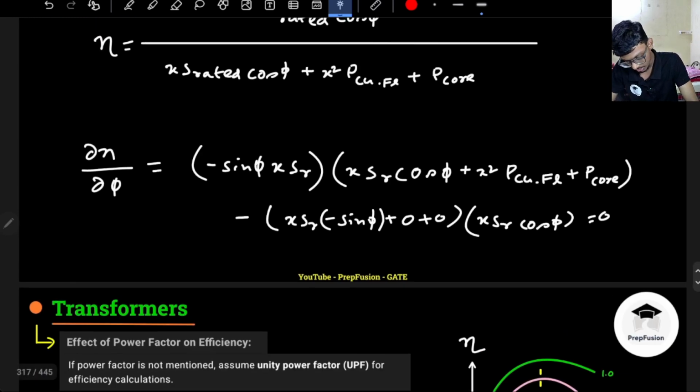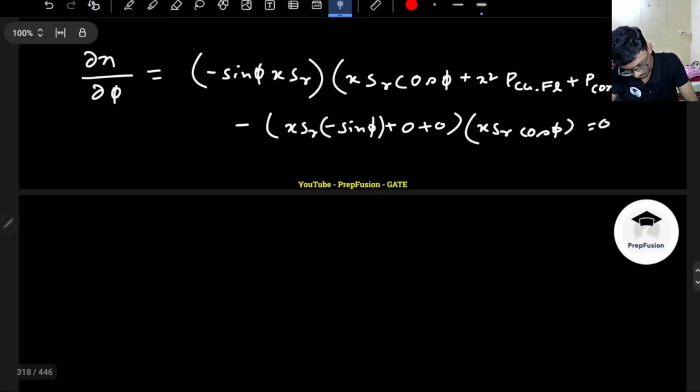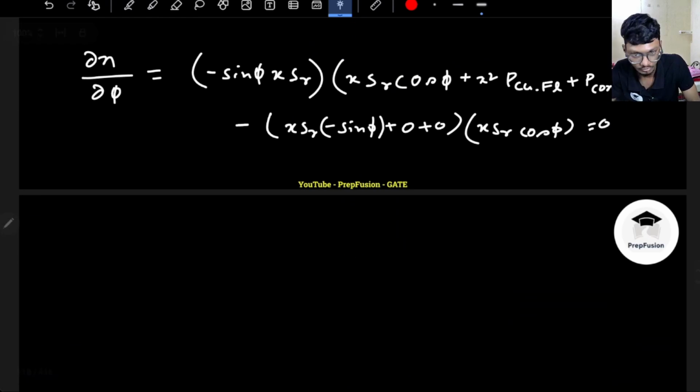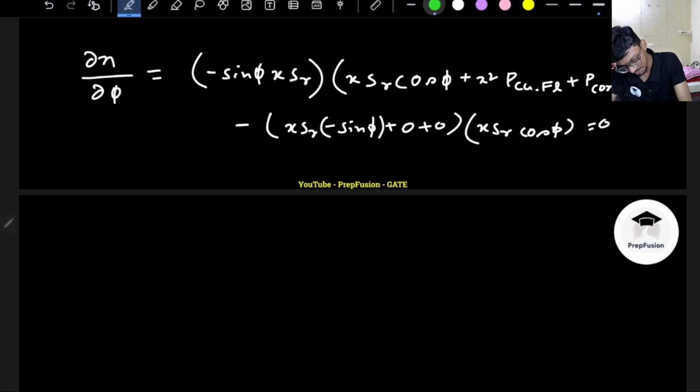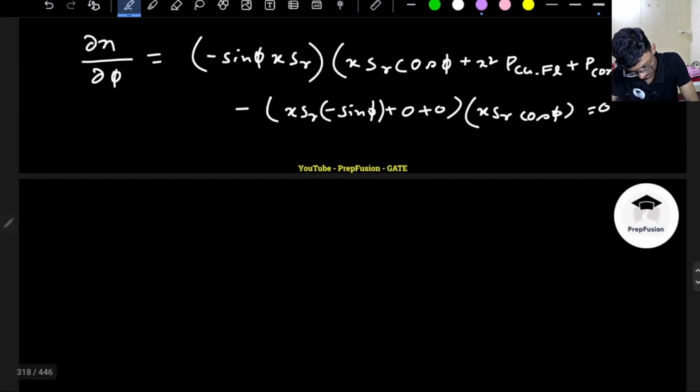Okay. So what is happening here? I need to make it 0, right, for me to maximize the efficiency. So how will it go to 0? So what I can see is that sin phi is there, cos phi, S_R will get cancelled. Okay. So this is, let me rearrange the terms. So minus minus is here, right? So this will become plus.